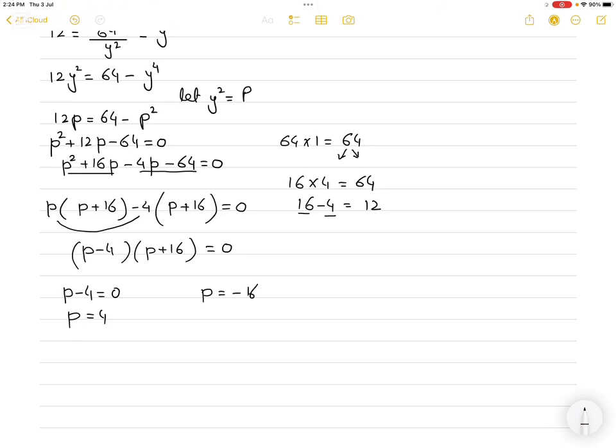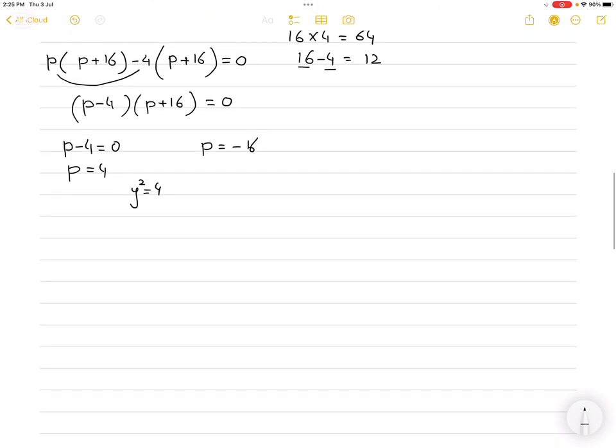Now replace p by y squared. So y squared equals 4, and here y squared equals negative 16.